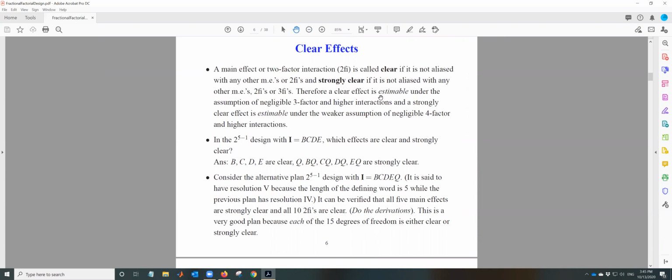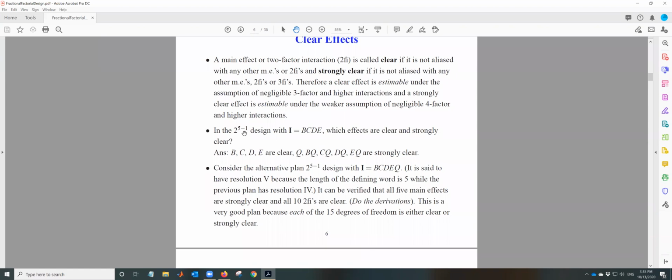Therefore, a clear effect is estimable under the assumption that 3-factor and higher interactions are negligible. A strongly clear effect is estimable under the weaker assumption of negligible 4-factor and higher interactions.